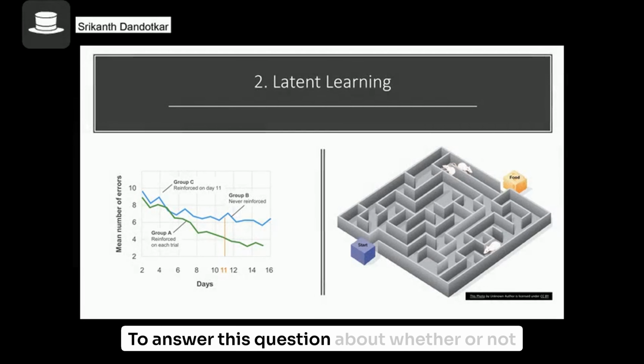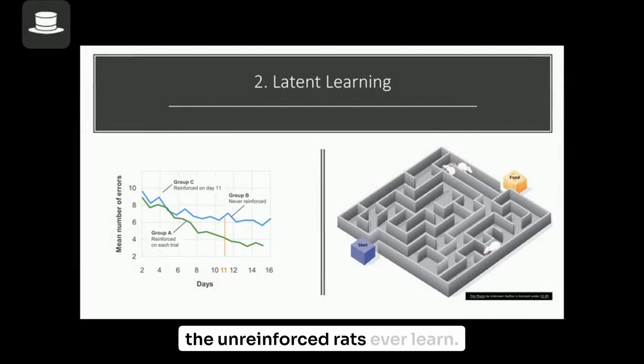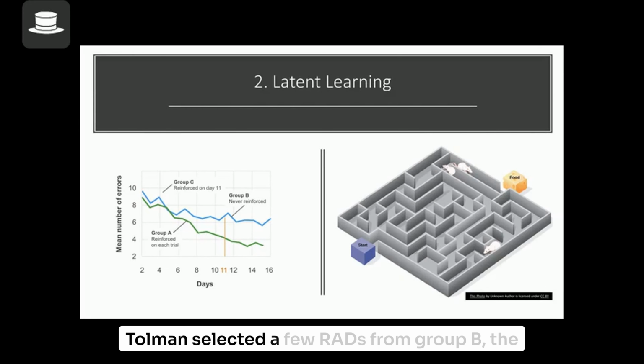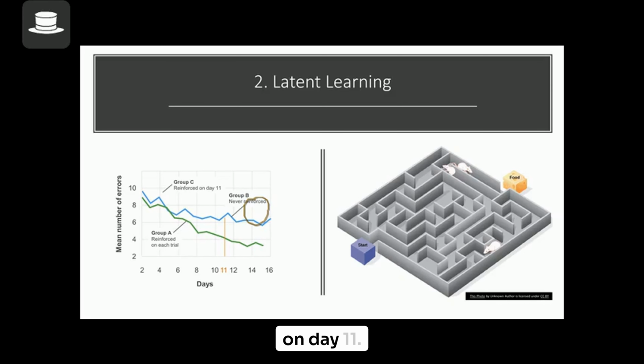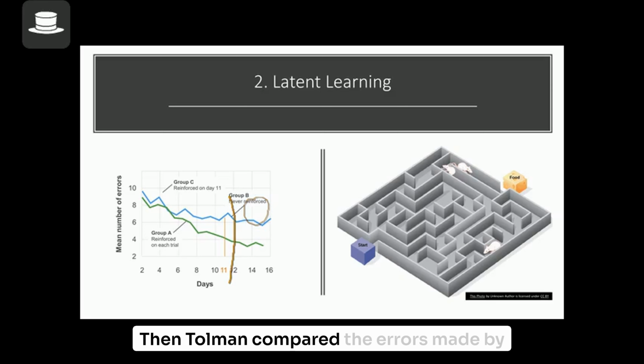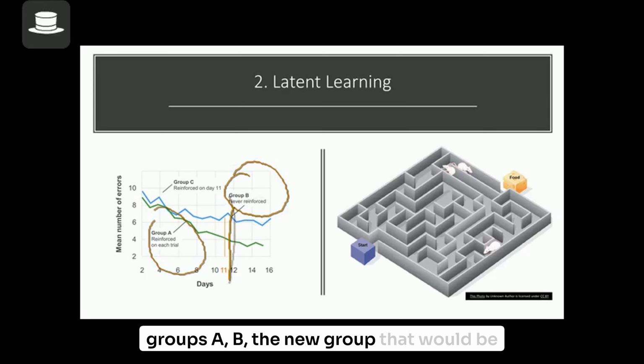To answer this question about whether or not the unreinforced rats ever learned, Tolman selected a few rats from group B, the never reinforced group, and reinforced them on day 11. Then Tolman compared the errors made by groups A, B, and the new group that would be represented as an orange line in the next slide.